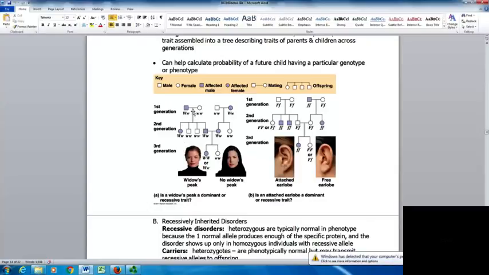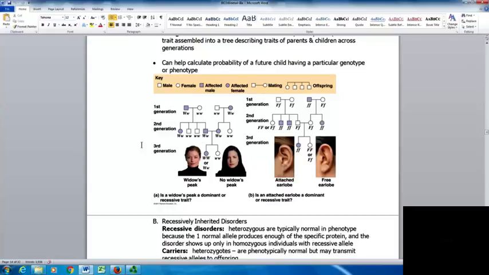When we look at grandma and grandpa on that side, grandma has no widow's peak, so she's going to be homozygous recessive. Grandpa has a widow's peak, but because there are offspring that don't have a widow's peak, grandpa had to carry the small w. When you look at the possible alleles available to the sister with the widow's peak, she was going to have to be heterozygous and inherit a small w from her mother.